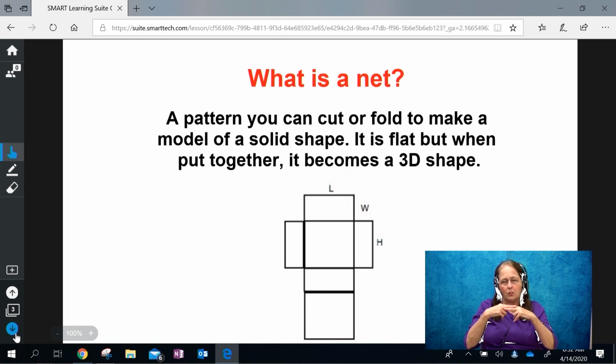This is a flat shape right now. But when you put it together and all 6 pieces are folded up, it will make a rectangular prism. So you have all of these pieces, fold them all together, and it will make the rectangular prism. And we're going to look at this more in detail in just a few minutes.